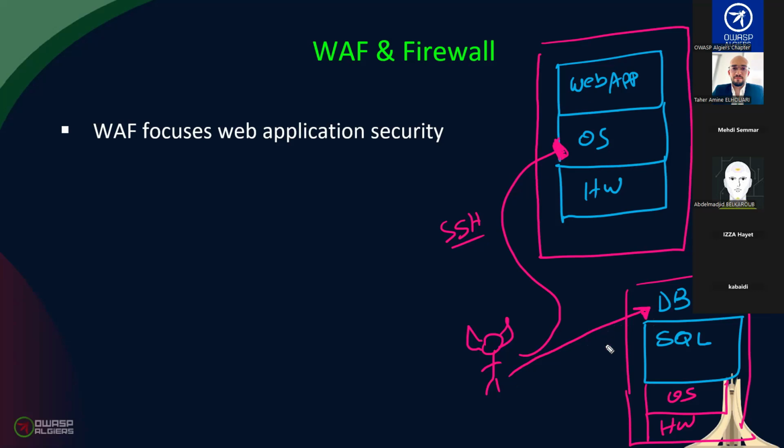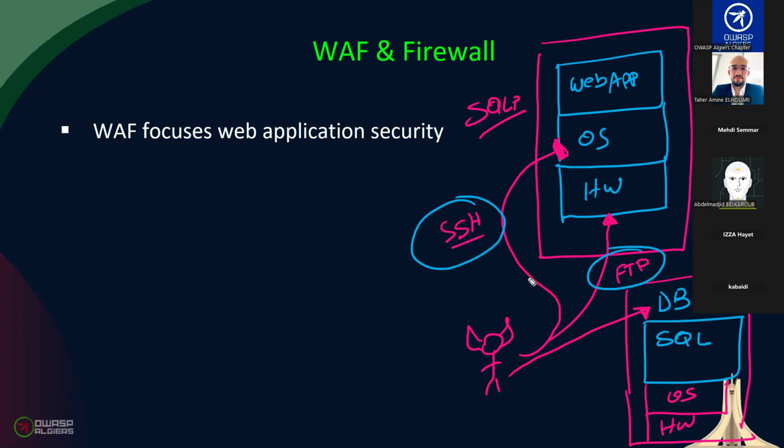A WAF is not here to mitigate database or purely database related attacks. If the database attack is through a web application, is to take control of the entire file system of your web application. The WAF cannot do the job for that.